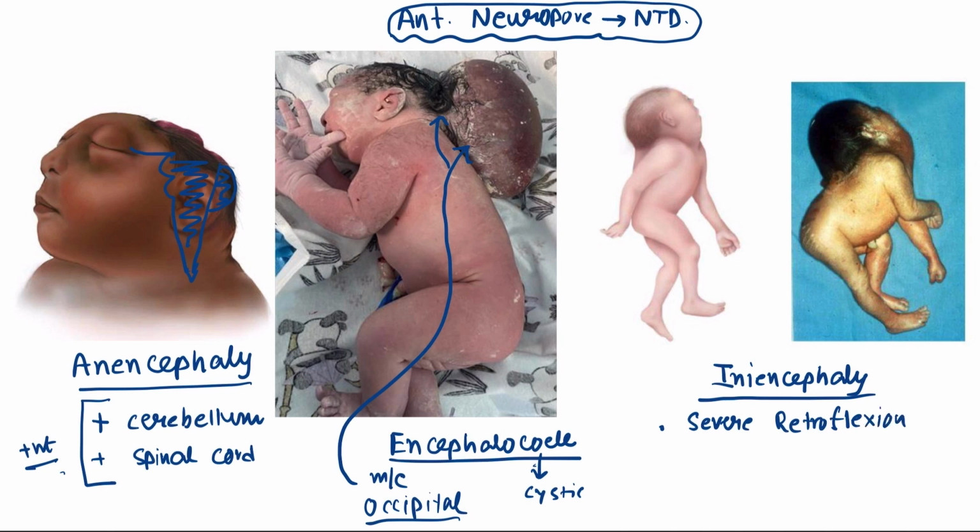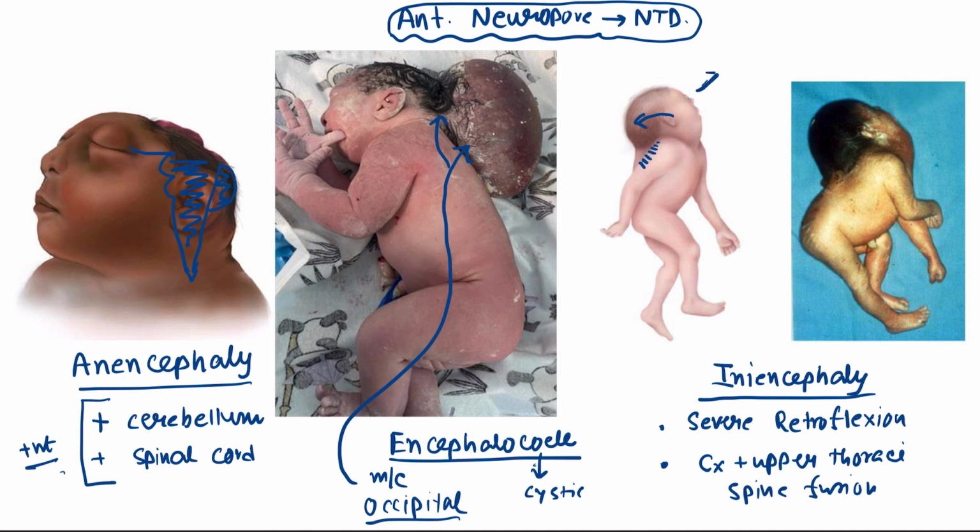You can see there is severe retroflexion of the head, as well as fusion of the cervical as well as the upper thoracic spine. And you can see this child has a specific gaze, like a star gazer.